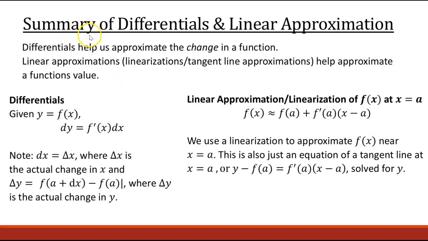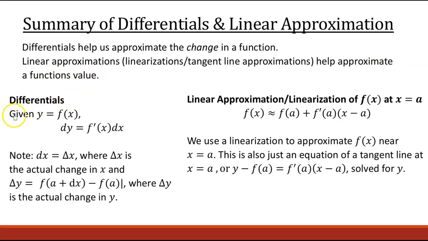So let's look at a final summary of differentials and linear approximation. Differentials help us approximate the change in a function, whereas linear approximations, also called linearizations or tangent line approximations, help us approximate a function's value.